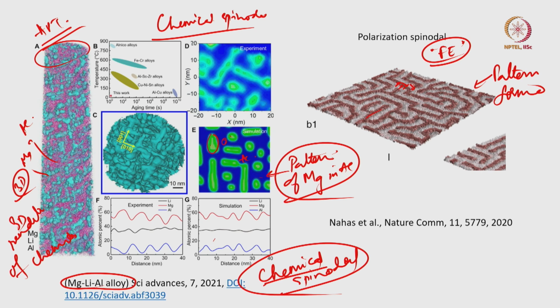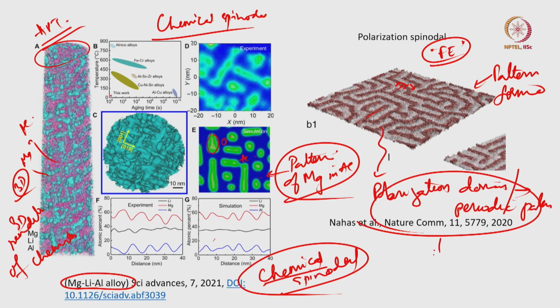So, these are different polarization domains, or you may understand it as magnetization. So, these are like patterns formed by magnetic domains. Magnetic domains are oriented in different directions in different colors. So, they form some kind of a periodic pattern. These are what are called polarization spinodals.